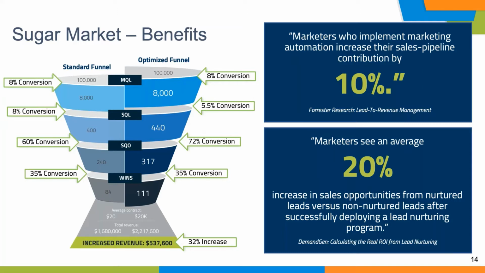So marketers who implement marketing automation generally increase their sales pipeline contribution by 10%. And they see an average of 20% increase in sales opportunity from nurtured leads versus non-nurtured leads. So that's one of the key capabilities of Sugar Market, is the ability to do very nice lead nurturing.